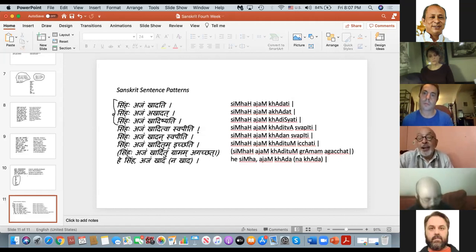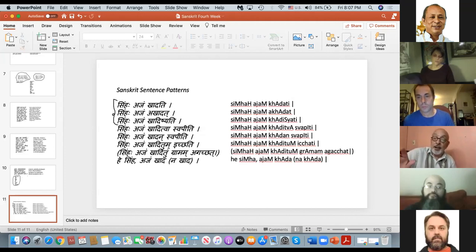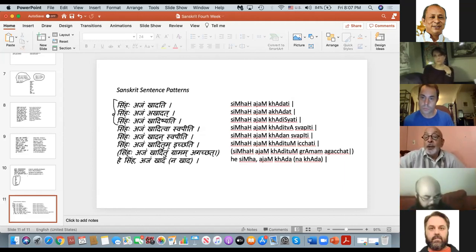They wrote just like in English: Simha, ajam, khadati, swapiti. The Rig Veda is the earliest Sanskrit text, right? In there, only twice do you see this khaditva kind of thing. And then they multiplied. When we come to the Shatapatha Brahmana and when we come to the Ramayana and Mahabharata, almost on every single page we will see multiple words with the twa ending. In Sanskrit, we simply call it the twa suffix.